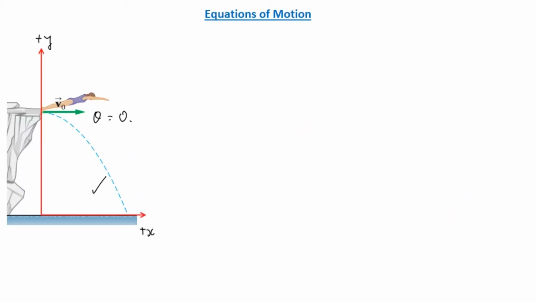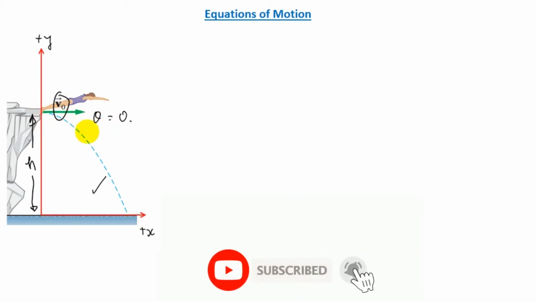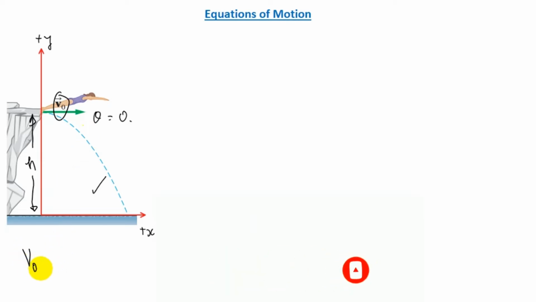So we have this projectile launched with some velocity v0, and let this height be h above the x-axis. Now the initial velocity of the projectile is horizontal, so we can say that v0x, the initial velocity in the x direction, is v0, and there is no component of this velocity in the vertical direction, so we can write that v0y is 0.